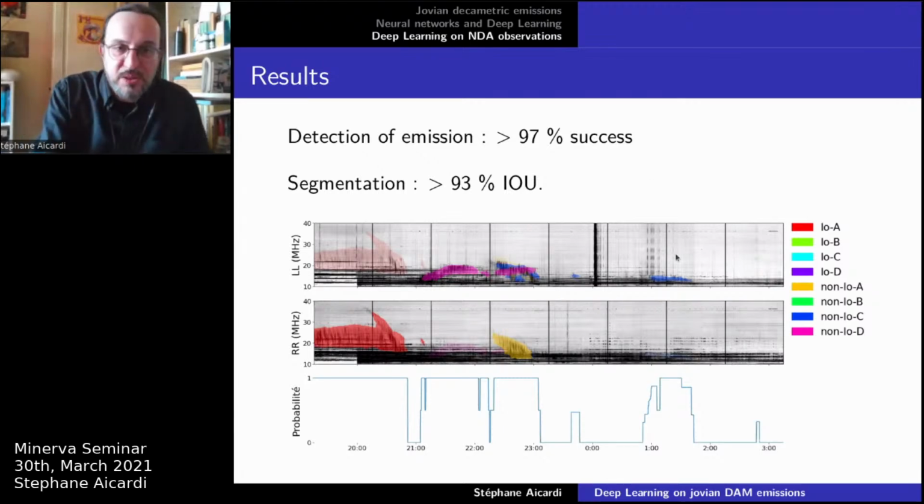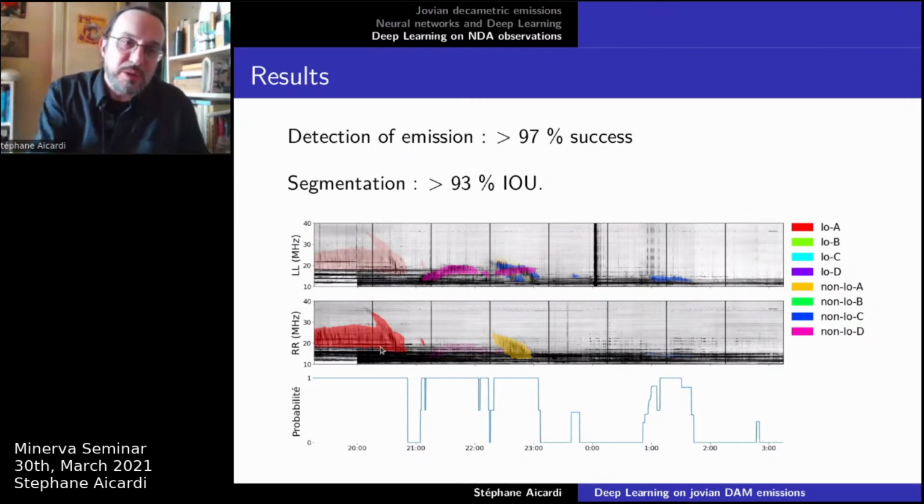That seems great, but the nothing part of the segmentation is raising this number. So in the end, that's not exactly what we think it is.